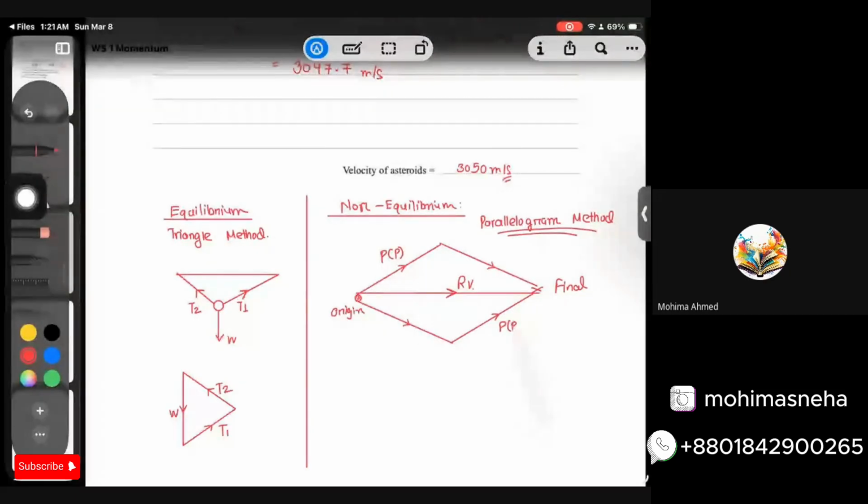And then again, this is a momentum of Q, and this is a momentum of Q copied version. Because of your copy pasting and connecting them together according to your tip to tail combination. Tip to tail means like how I take this one and connect the tail of your momentum of Q with the tip of your momentum of P, right? That's why we call it a tip to tail combination also.